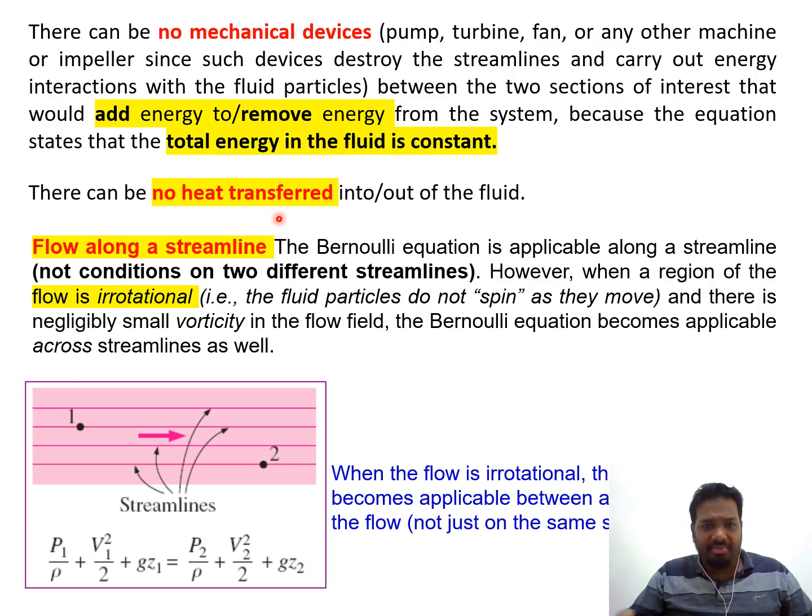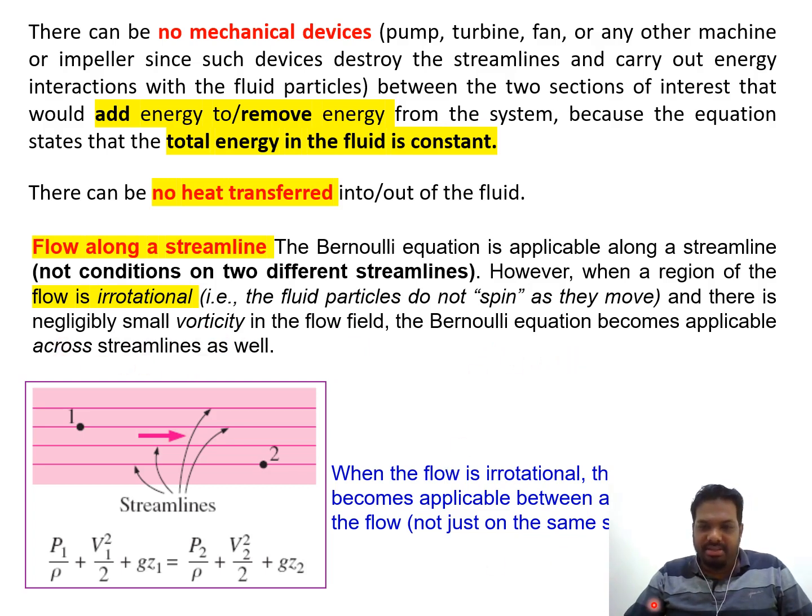There are a few conditions that you need to understand. First, flow along the streamline. Bernoulli's equation is applicable along the streamline, not across different streamlines. However, when a region of flow is irrotational, with negligibly small vorticity in the flow field, Bernoulli's equation becomes applicable across the streamline.